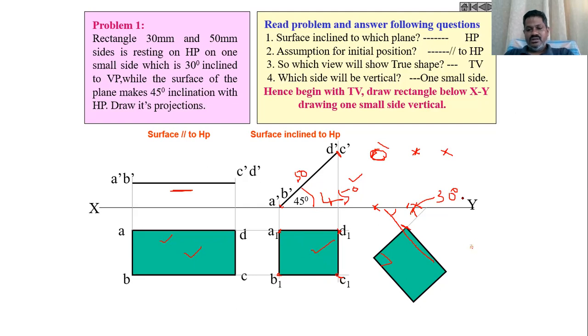Then in this case, one of the edges of this rectangular plane is also making some angle with the vertical plane. In this case, it is 30 degrees, and take the compass. This similar shape is constructed at an angle of 30 degrees, then project all these points from the top view to get the front view in the second step.